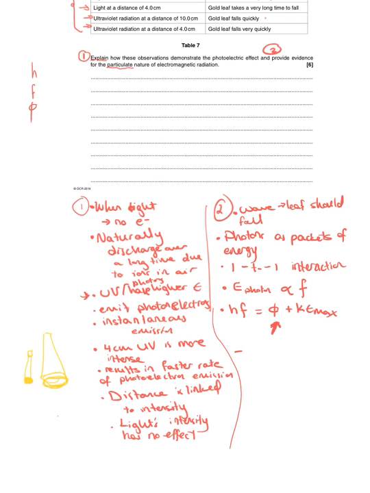So you could go on to say that UV photons have a frequency above the threshold frequency. F naught, remember, is the threshold frequency. That means that light photons have less energy than the work function.